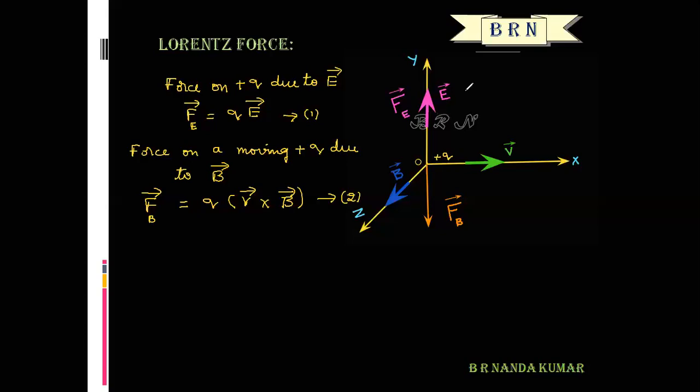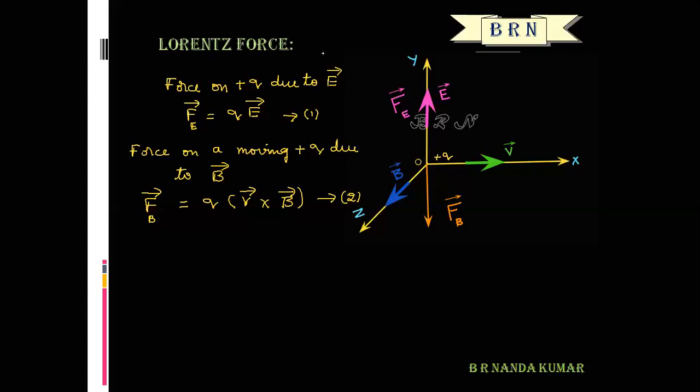Only in the presence of the electric field, the force acting on the charged particle is QE vector, directed vertically upwards, along the positive y-axis. Only in the presence of the magnetic field, the force acting on the charged particle is F_B vector, directed vertically downwards, along the negative y-axis.